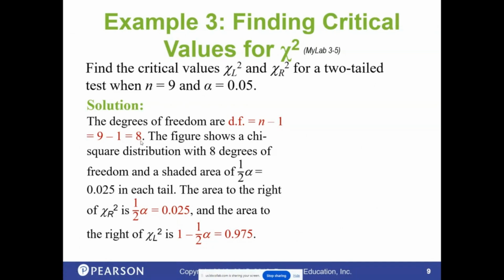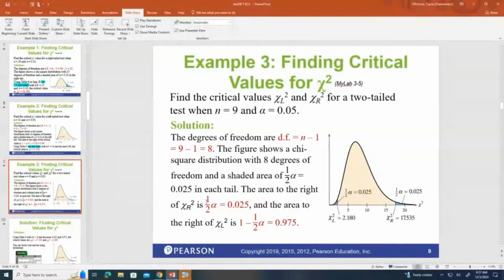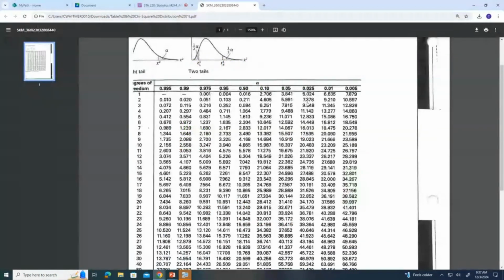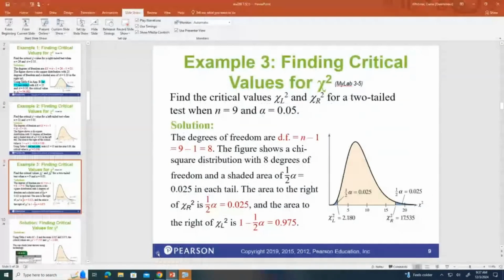And so when you look those up on the table, 0.025, and I go to 8. And then 0.975, and I go down to 8 there. And so that's going to give me, the left is going to be 2.180, the right is 17.535.